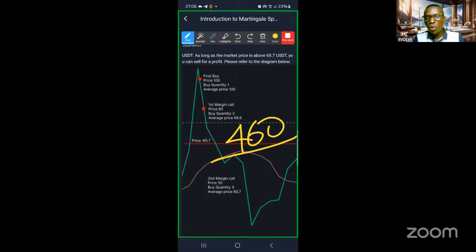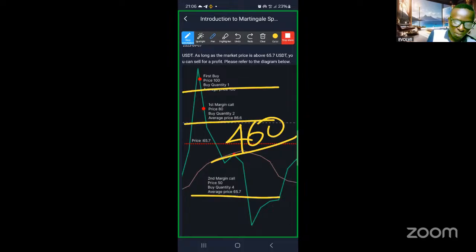How many coins did we receive on the different purchases, at this point and at this point? That's correct. We received 7 coins. We got 1 coin here, 2 coins here, and 4 coins here, making a total of 7.